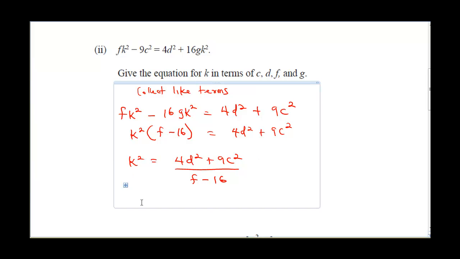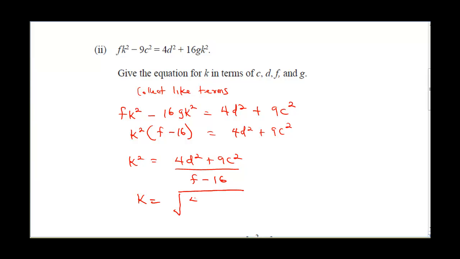Now, in order to get our K, you take the square root of 4D squared plus 9C squared all over F minus 16. So that's the final answer for K. The question asks us to find K, so that is the final answer.